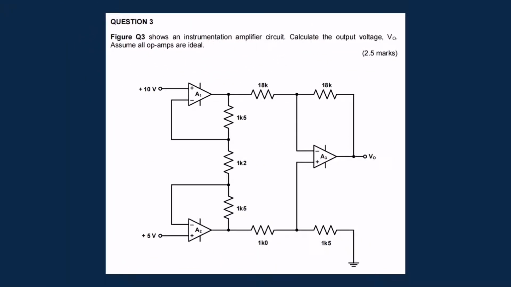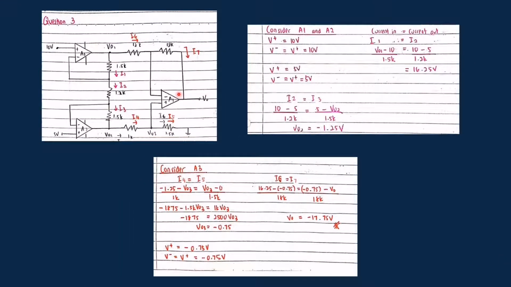Alright, let's move to question 3, which is the combination of operational amplifiers, and I have to find the V note here. So let's go to the calculation part. This is the calculation part, and first of all I consider A1 and A2.